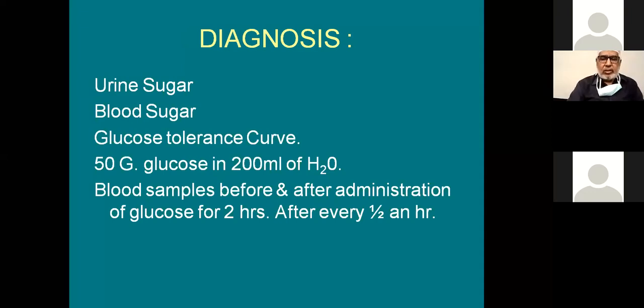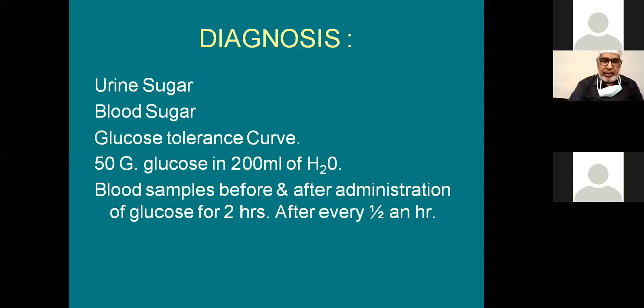For the diagnosis, you will have to carry out a few simple tests: urine sugar, blood sugar, and glucose tolerance test. In the glucose tolerance test you add 50 grams of glucose in 200 milliliters of water. Blood samples are taken before and after the administration of glucose, for 2 hours, after every half an hour.